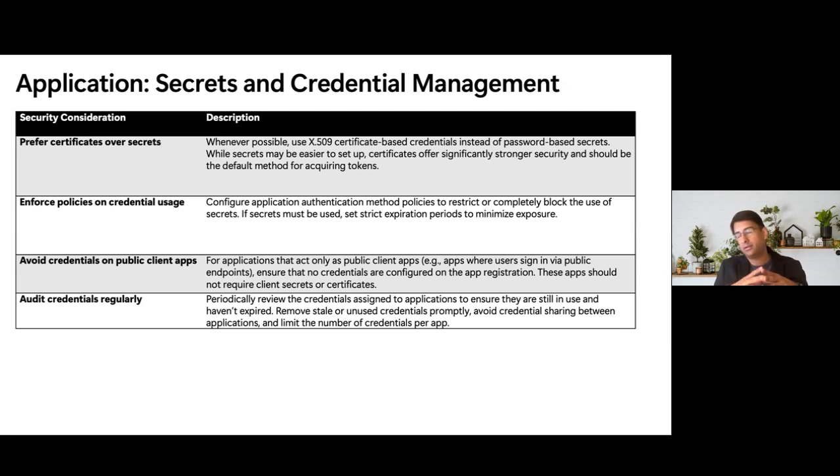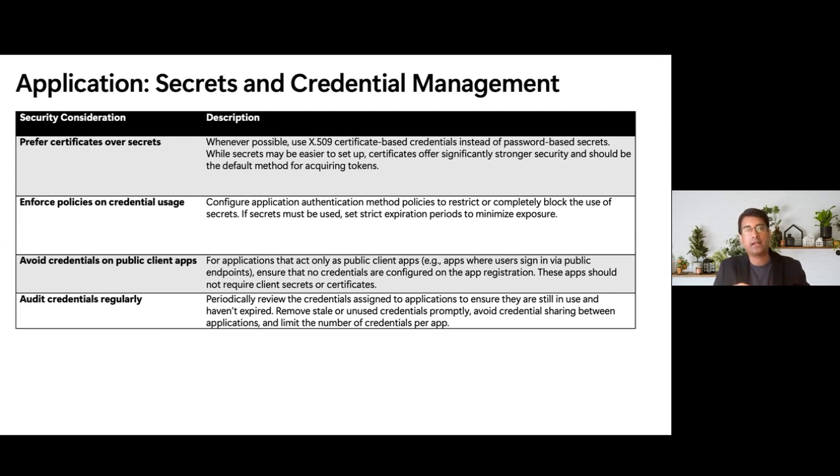Since we're talking about the application side of things, I do want to call out from a deployment standpoint, do plan for secrets and credential management, because whenever you're going to make an application live on external identity, you will need to anchor that into external identity. What I mean is that you will create an application inside the Entra external identity tenant.